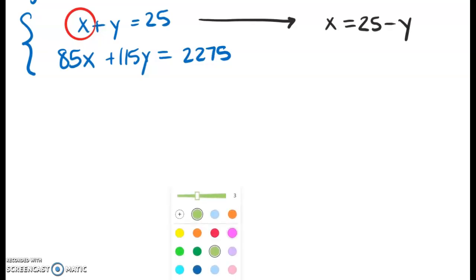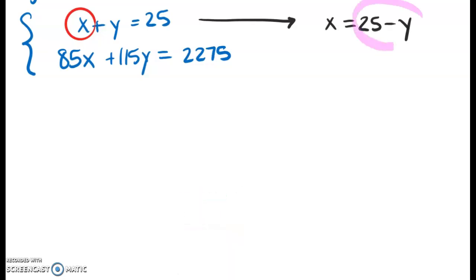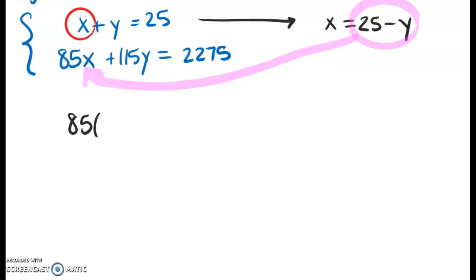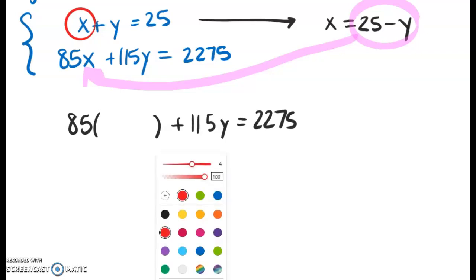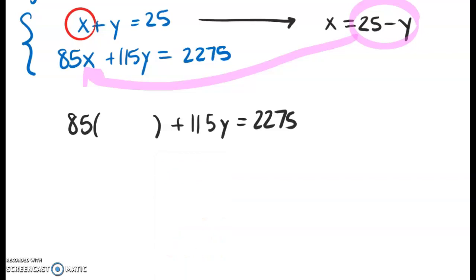Then I take this expression and substitute it into the other equation in place of x. So I'm going to say 85 times this expression for x plus 115y is equal to 2,275. And in place of x, I have to put in 25 minus y. That's the expression for x.